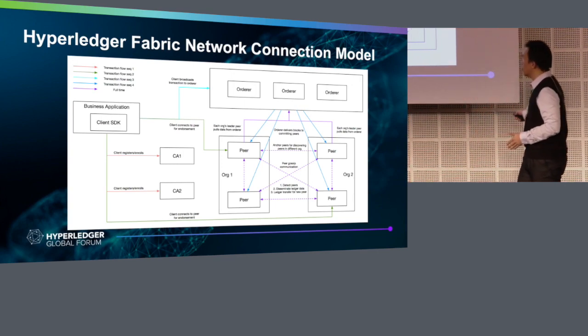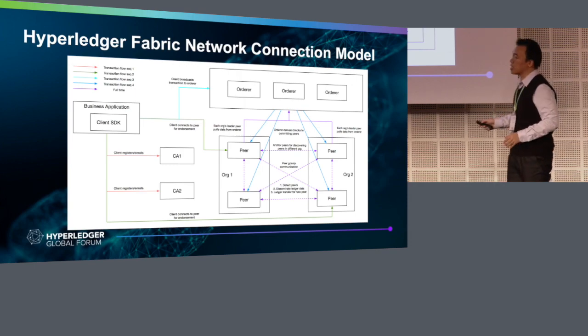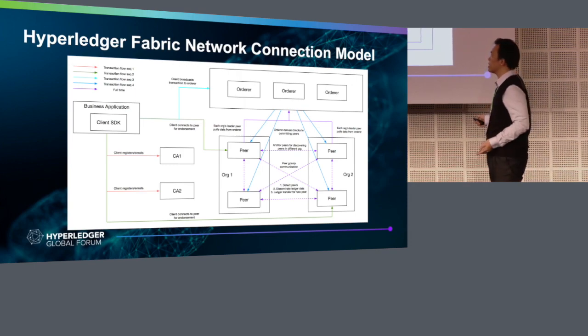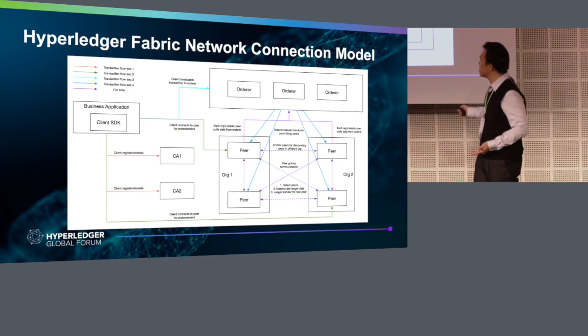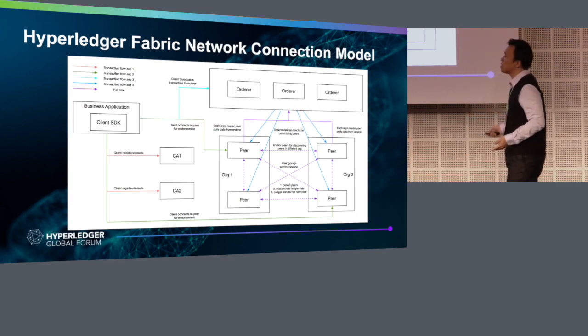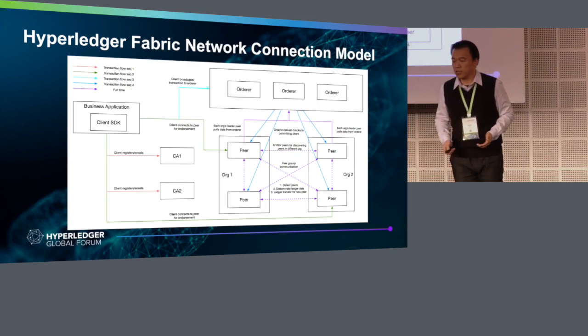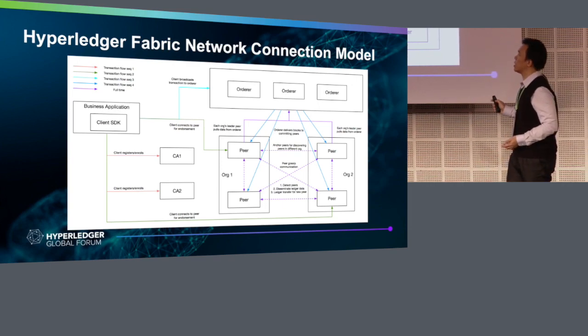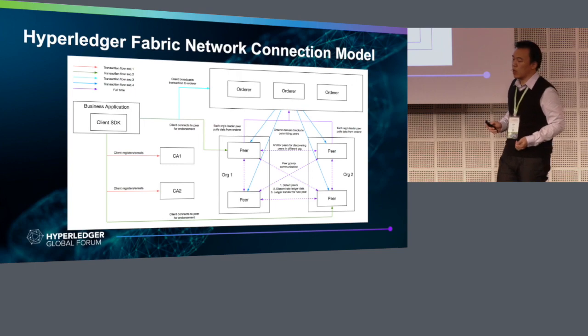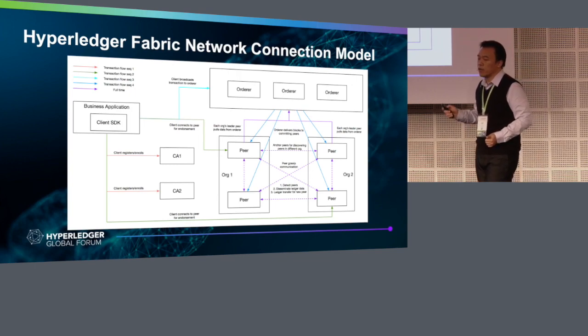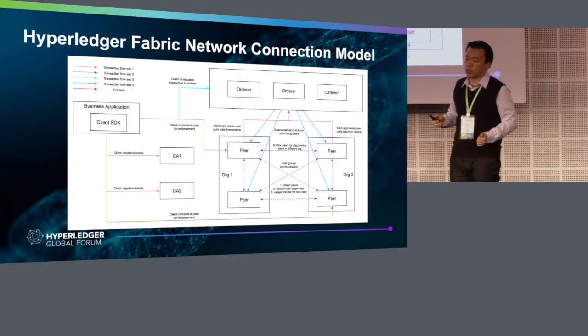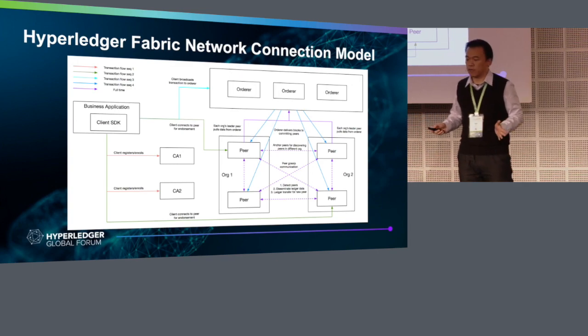And among all those peers, they will have gossip communication, mainly for three purposes: detecting peers, disseminating the ledger data, and transferring the ledger to a new peer. So with this connection model summary, we conclude that for Fabric to function normally, we need to have a full mesh network for it.